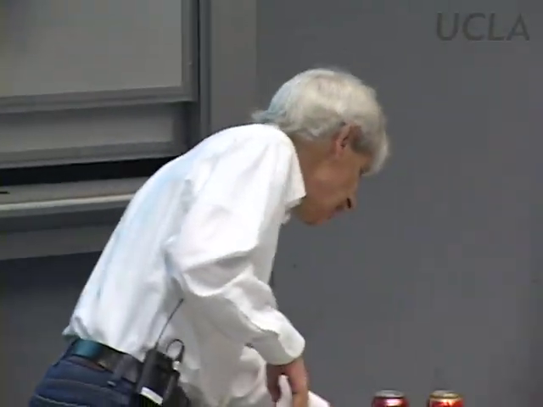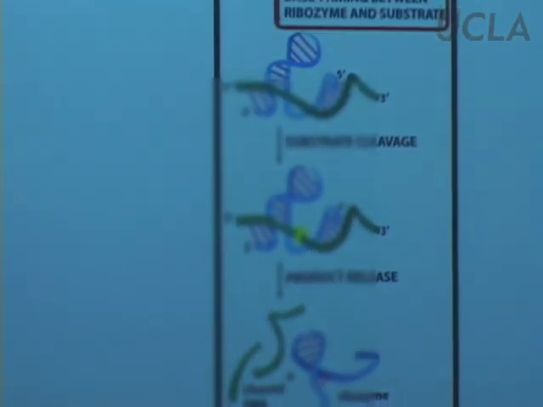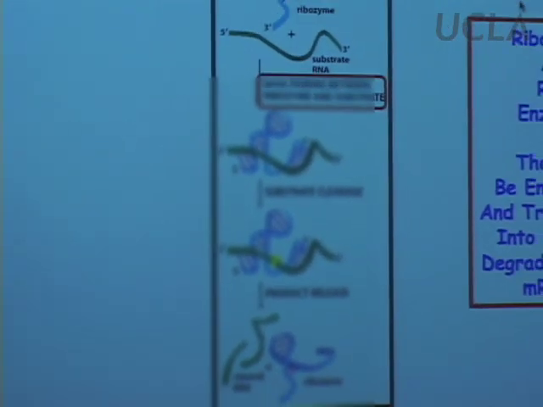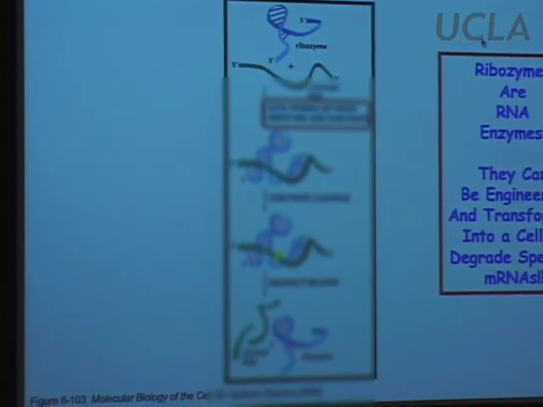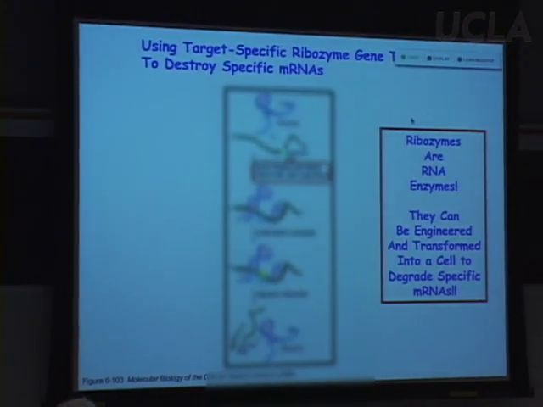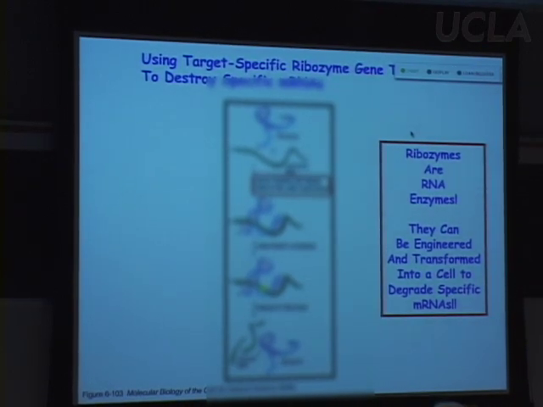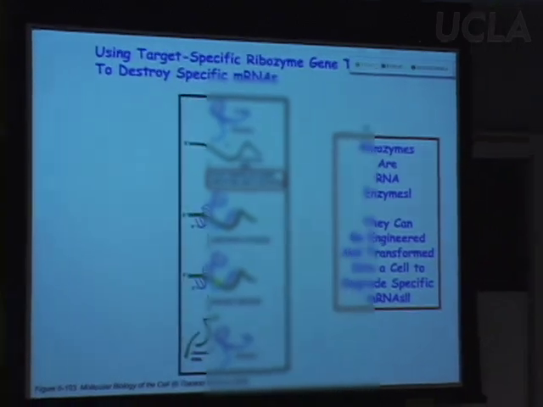They have the property of sort of behaving like an enzyme. Well, in some respects, you can engineer these RNA enzymes to recognize very specific messenger RNAs. You can engineer sequence by sequence because they recognize a specific sequence. And when you do this, you can take this thing called a ribozyme, you can have it match a particular RNA, and when it matches that RNA, it degrades the RNA.